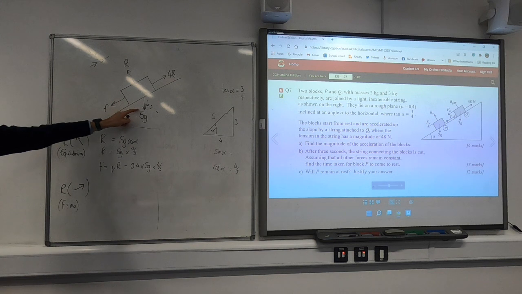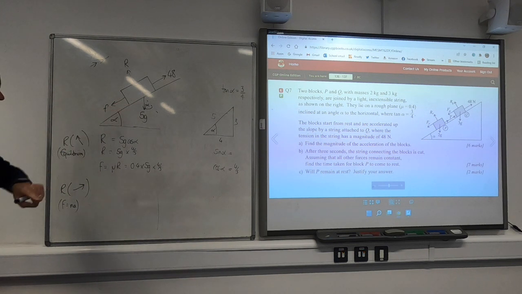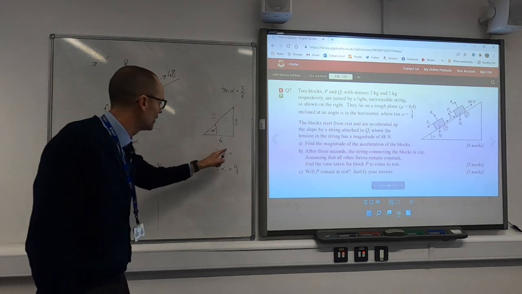Don't forget the weight has a component here. I don't know the angle, so I'm going to have to use sine, but I know what sine is.